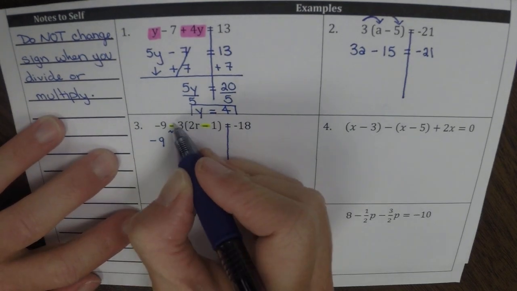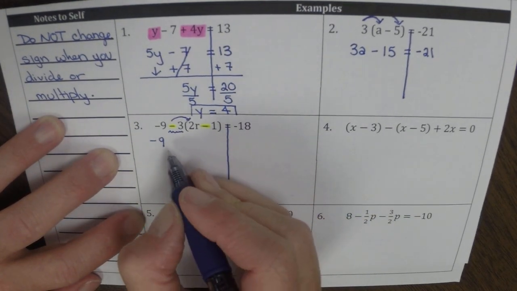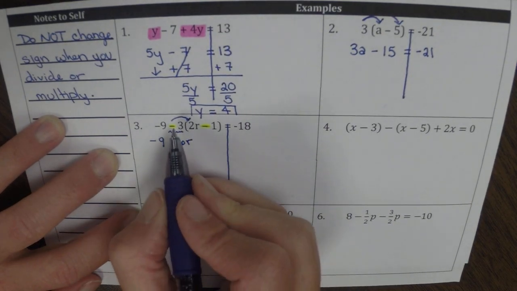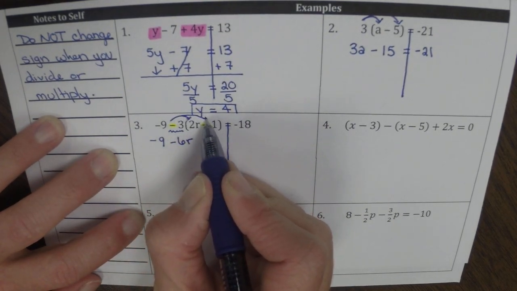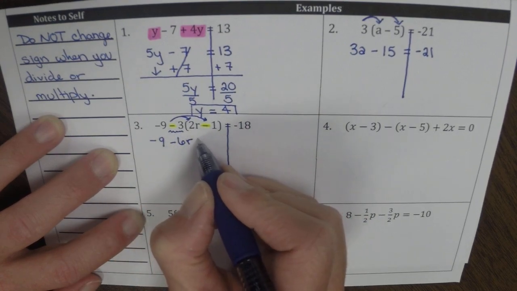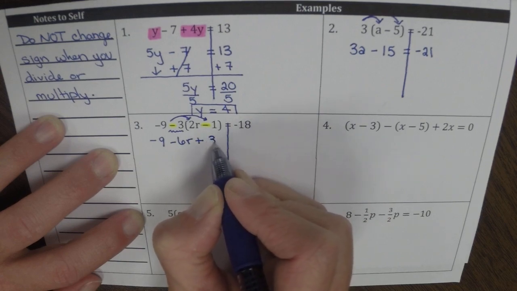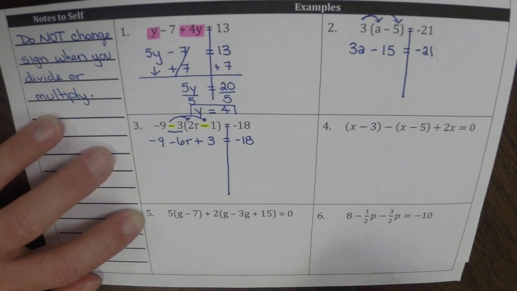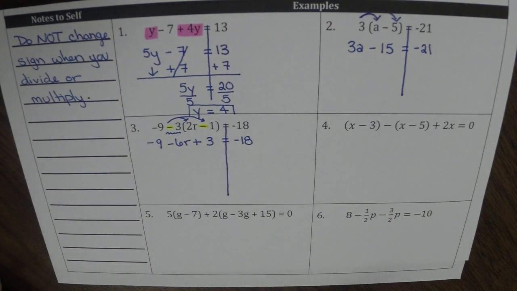So if I do negative 3 times 2, I get minus 6r. And then I do negative 3 times negative 1. Negative times a negative makes a positive 3. And then the other side didn't change, so I write it down. So now I'm ready for combining like terms.